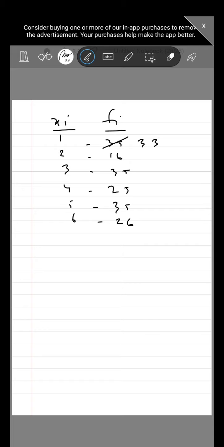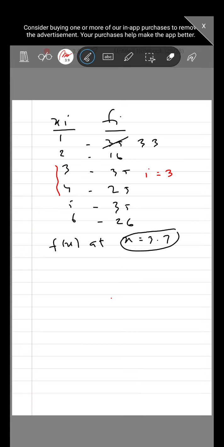And we are asked to find the value of f(x) at x equal to 3.7. This value 3.7 is in between 3 and 4, so we will take i equal to 3 here.